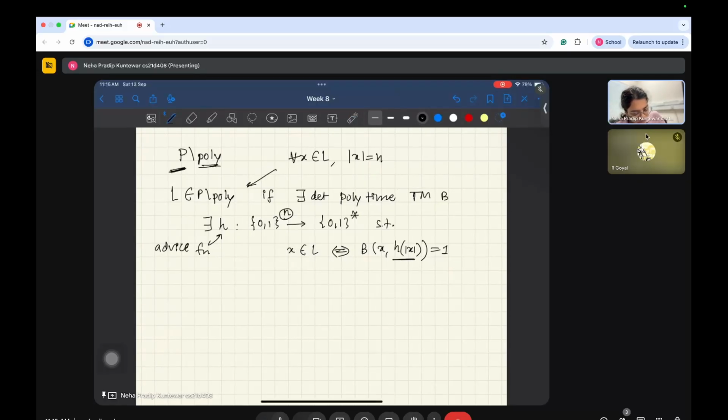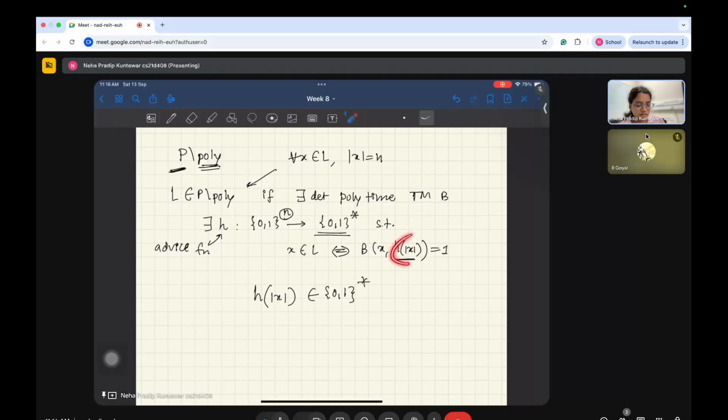So what is h of length of x? It's a string in 01 star. Now we don't want this to be any arbitrarily large string, because if it's arbitrarily large, then everything would be decidable, because I can just give you the answers, or as long computation you need, or all the sets of configuration through which it goes.